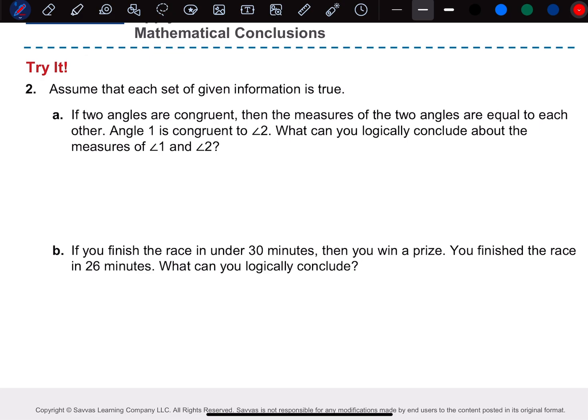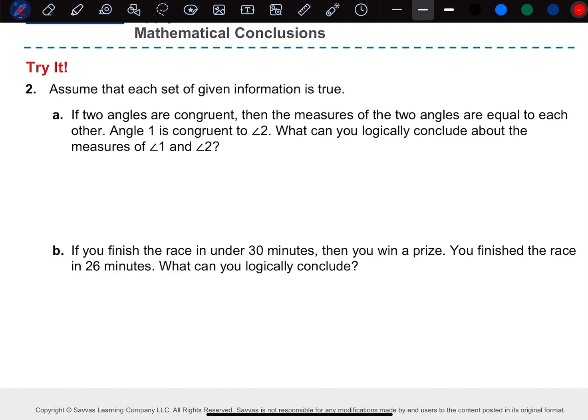When looking at this type of question, we went over yesterday that the law of detachment is when the conditional is true and the hypothesis is true, and it will come to the statement of the conclusion being true.